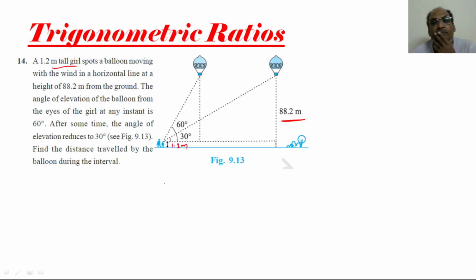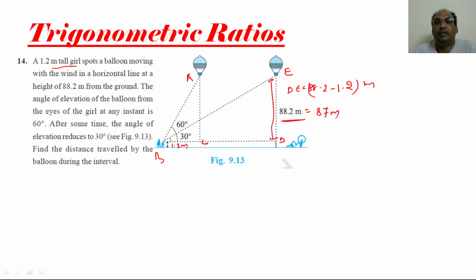So suppose let us name it A, B, C, D and E. So DE is equal to 88.2 minus 1.2 meter, that is 87 meter. Okay, so from here to here it is 87 meter.